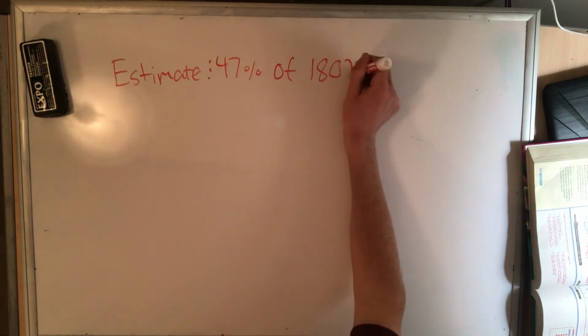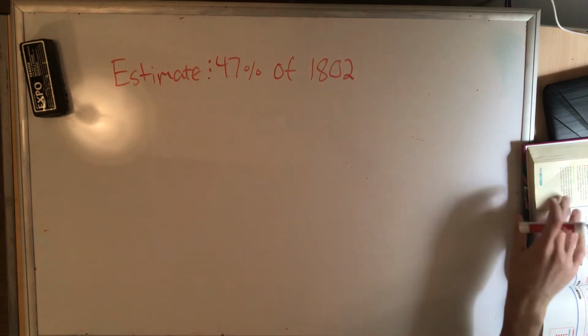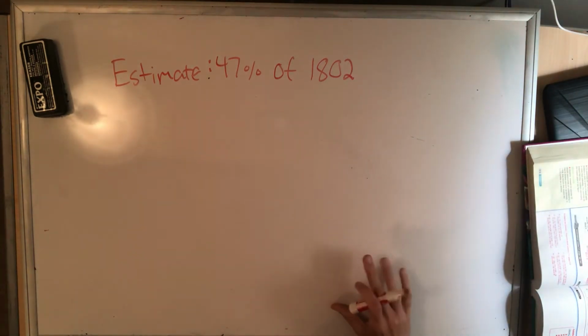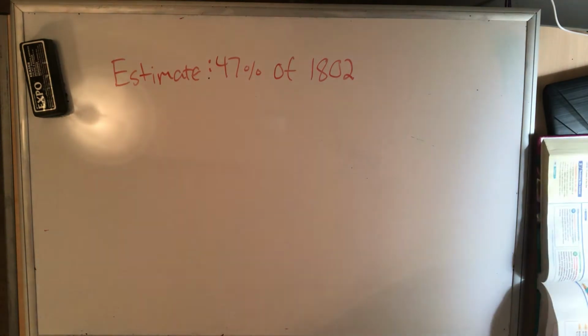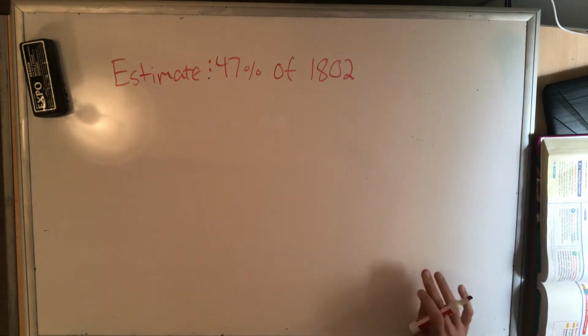The whole point of estimation is to figure something out quickly and easily in your head if all you need is an answer that's close enough and not exact. So to help us with estimating, there are certain basic fractions, decimals, and percents that you should memorize.